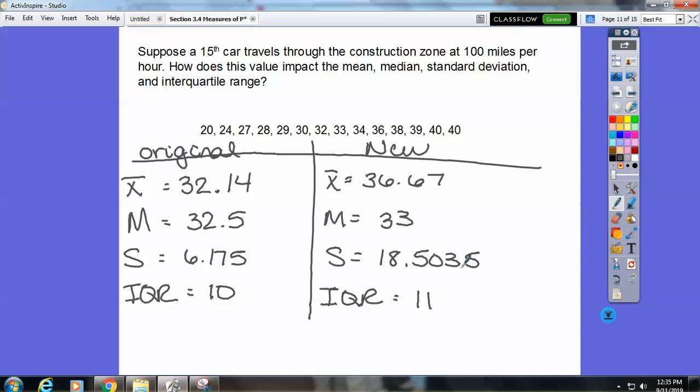Do you see that? The mean and the standard deviation had a large increase.